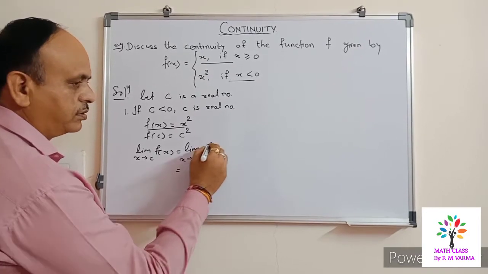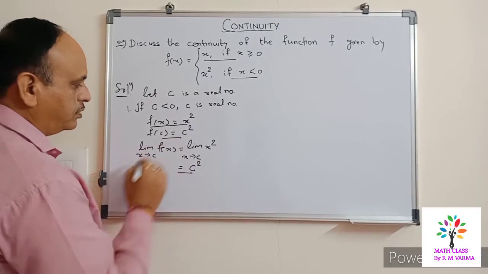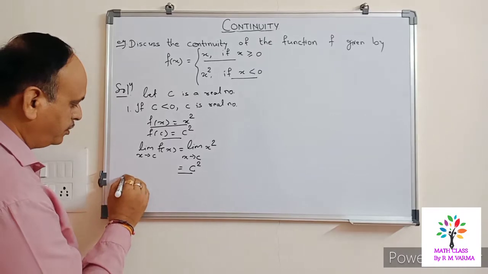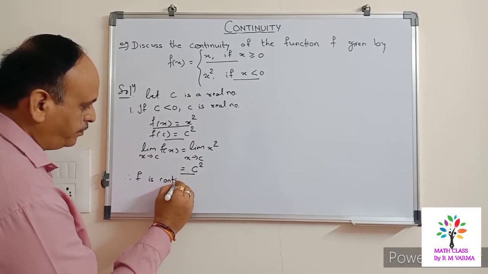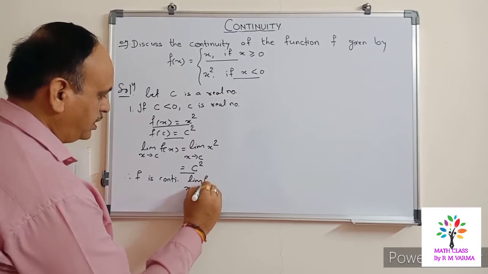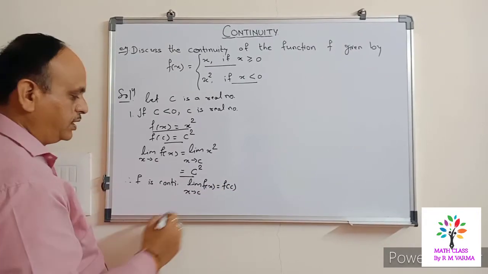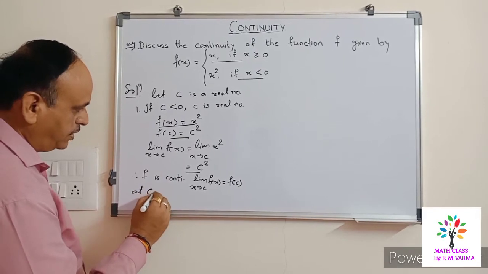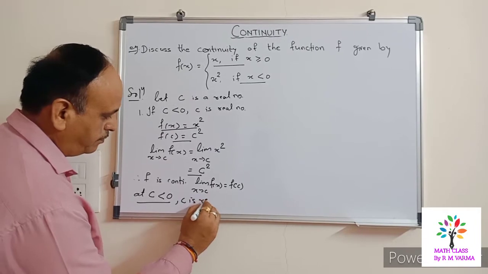The value when we put it is c square. So both the values of function and the limit are same. Therefore, f is continuous. The reason: limit x tends to c, f(x) is equal to f of c. So it is continuous at c less than 0, where c is real.